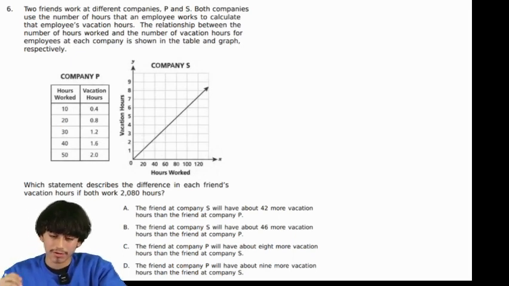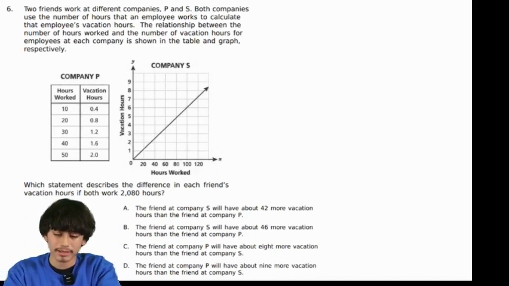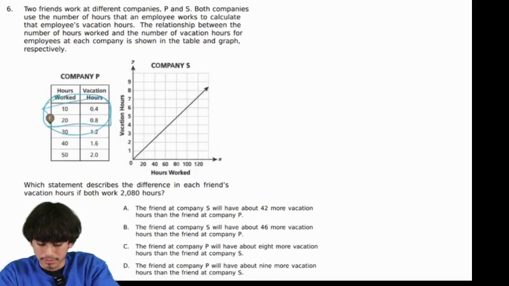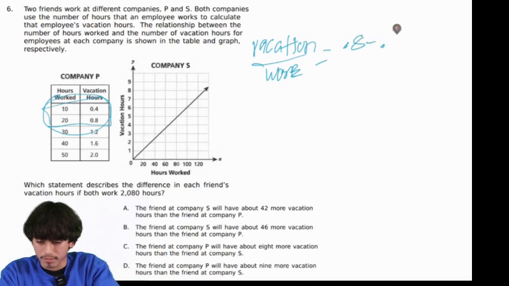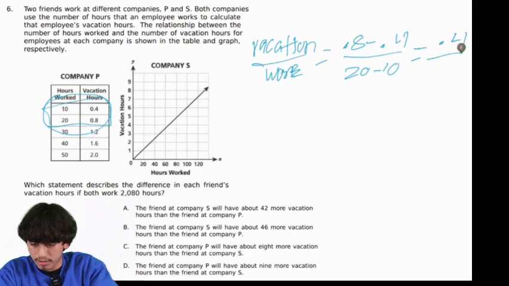Now first, I want to find the ratio between the vacation hours and work hours for company P. So we're going to use these numbers: vacation and work hours, which is 0.8 minus 0.4 and 20 minus 10, which is going to give us 0.4 over 10.